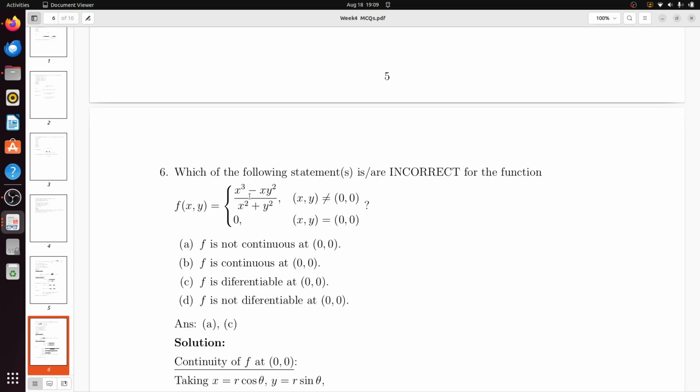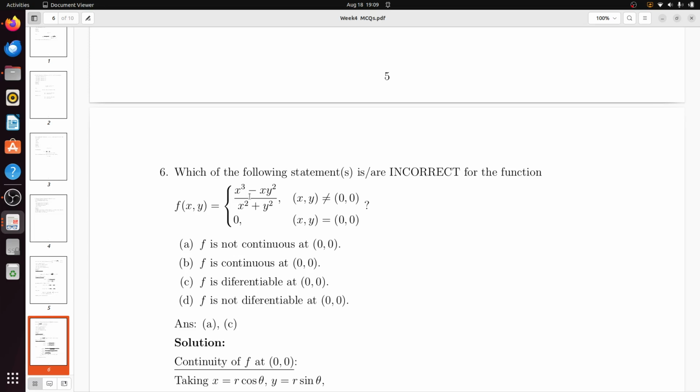Okay, so for continuity we need to just utilize polar coordinates, right? So how to prove it in polar coordinates?